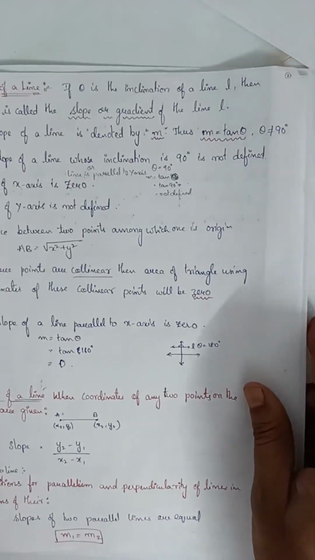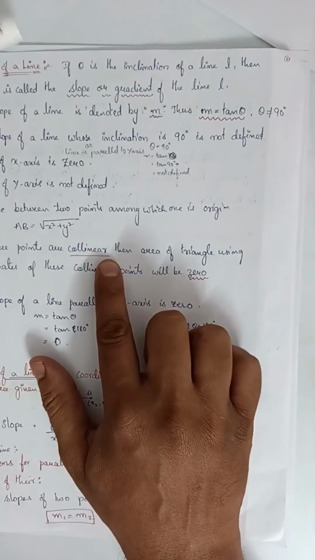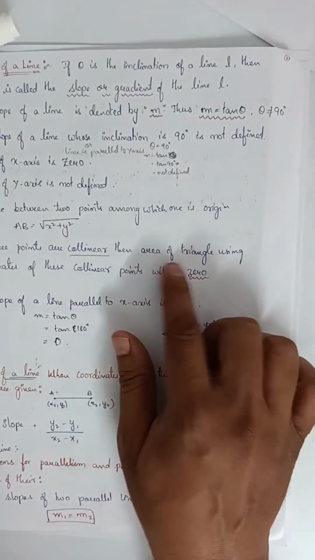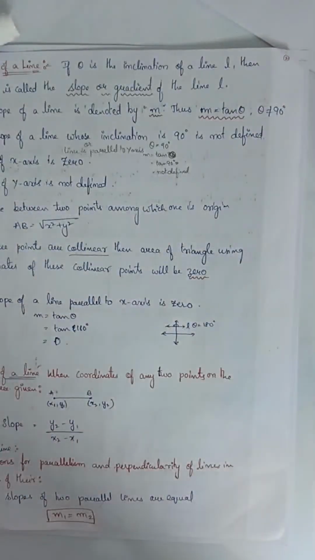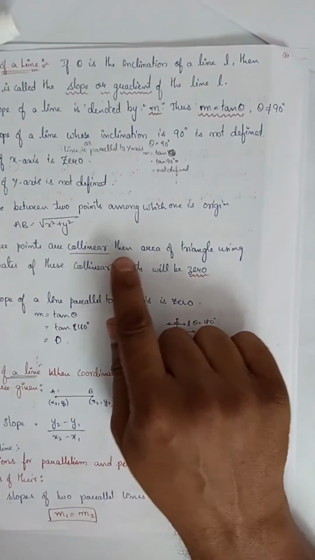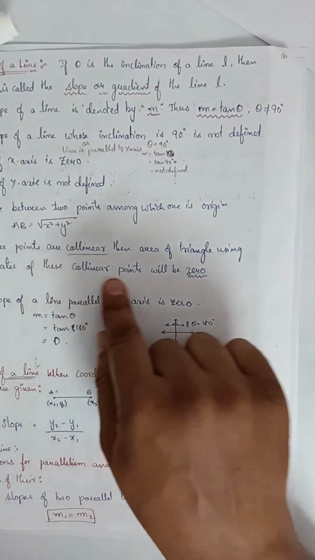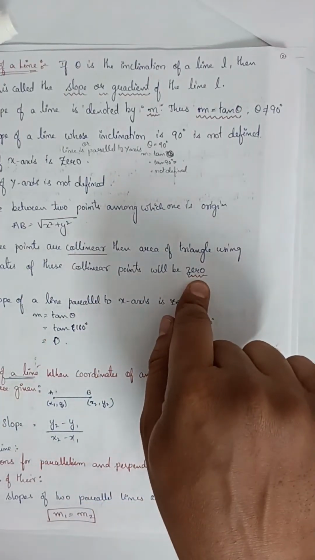Next, what if 3 points are collinear? If 3 points are collinear, then the area of the triangle using the coordinates of these collinear points will be 0.